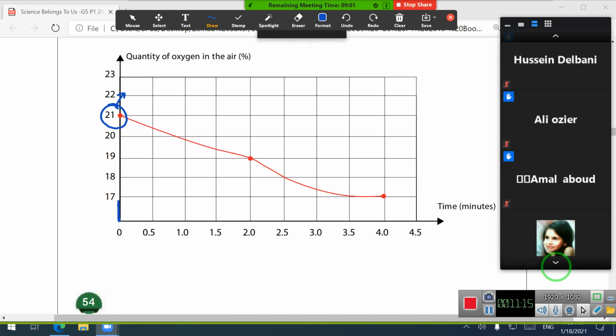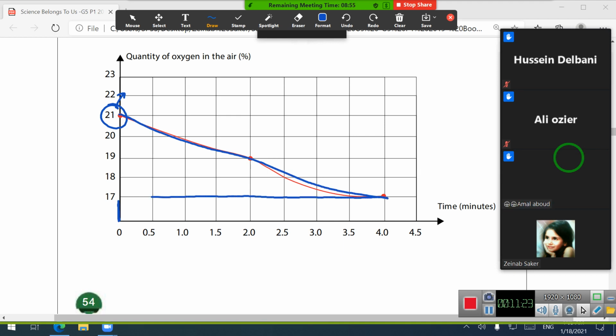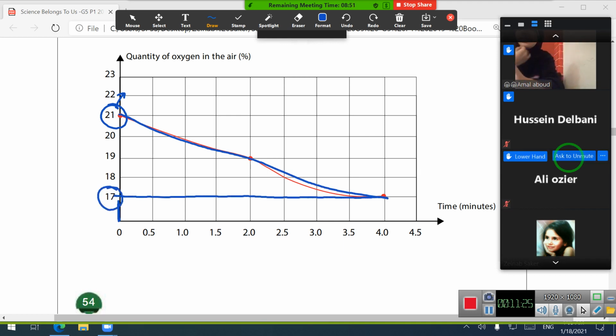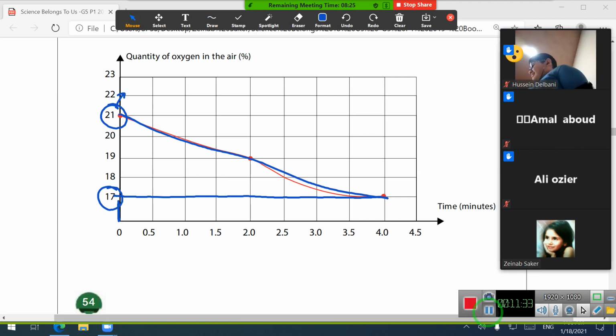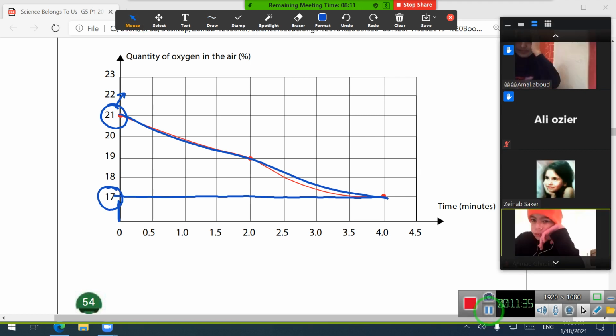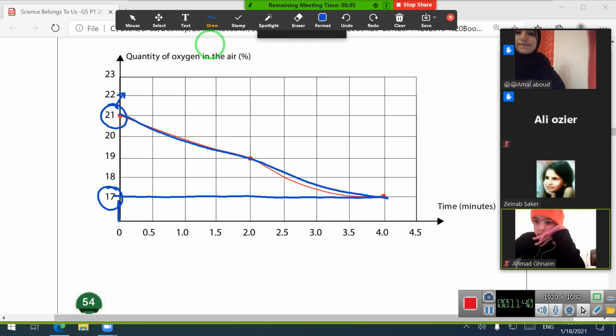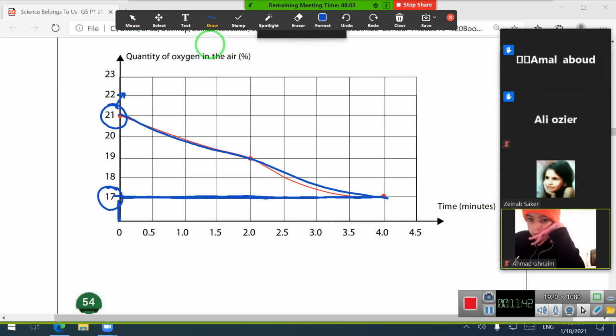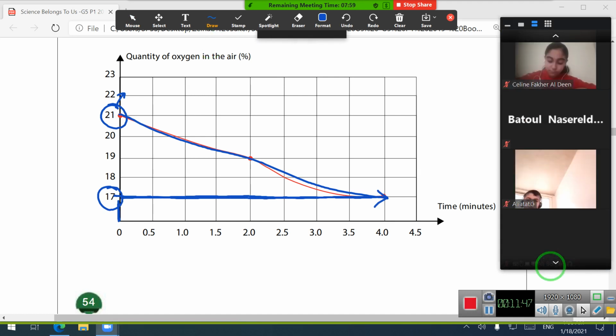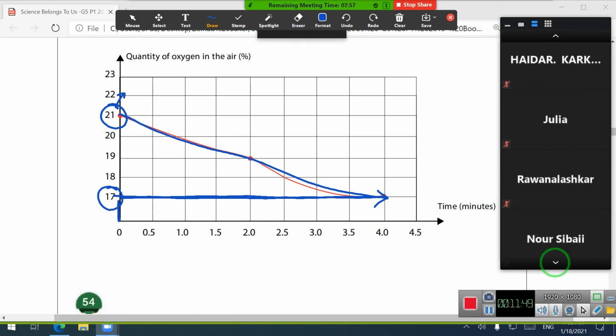Now, at the end of the experiment, Amal, what was the amount of oxygen? 17. Excellent. So the amount of oxygen at the end of the experiment is 17, and as your friend said, this amount decreases.